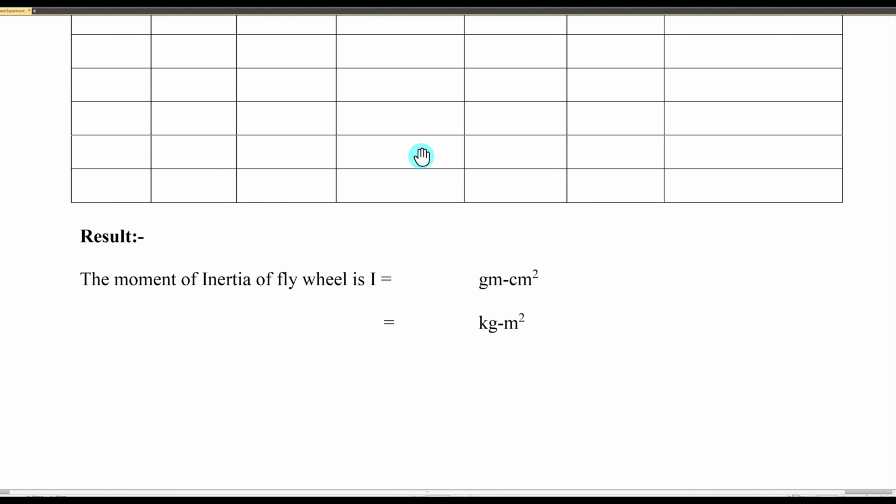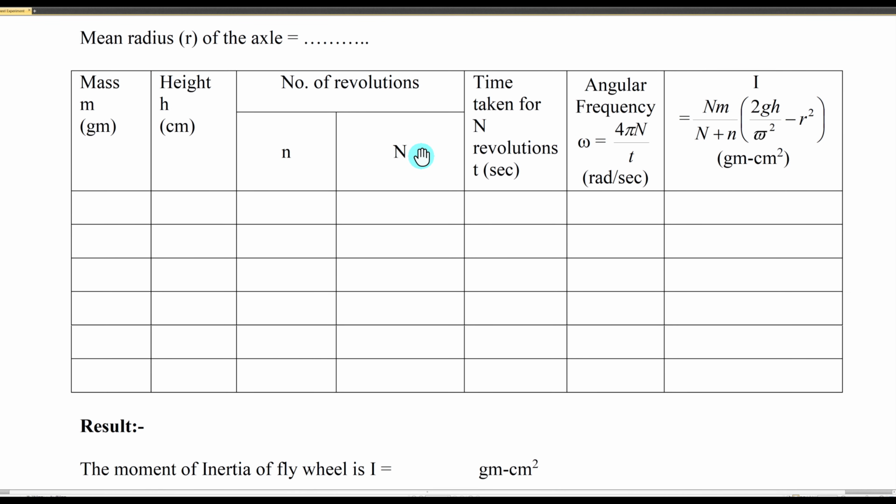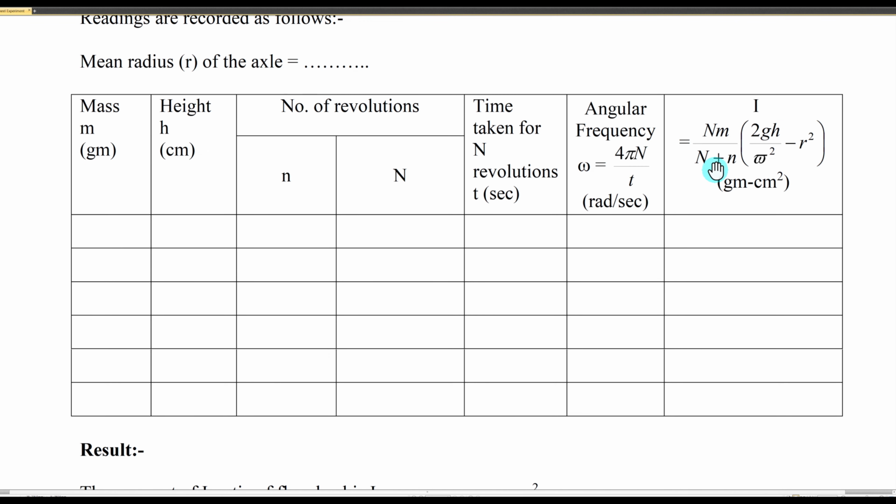For that, this is the work that you have to do. You have to now fill this table. You repeat the experiment and fill the table, do this calculation, and then what is the moment of inertia that you are getting, do this calculation, and then as usual you write aim, apparatus.